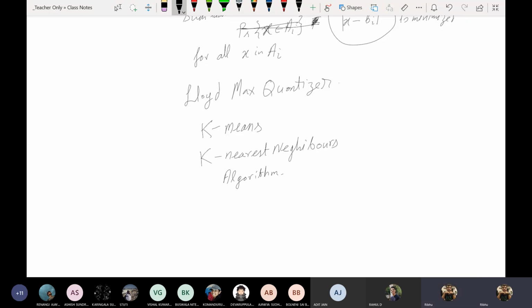You have heard of k nearest neighbors or k-means, right? Yes, this is the theoretical idea behind that algorithm. If you do it for vectors, this is for scalars. We'll do it for vectors in the next semester.